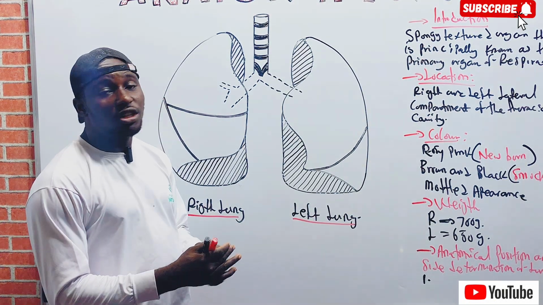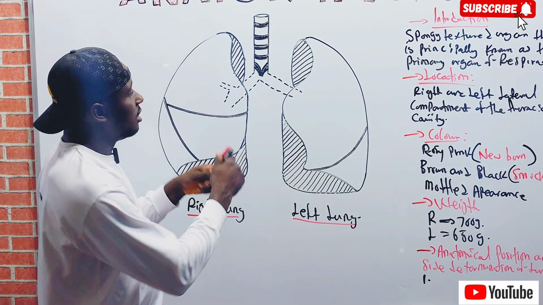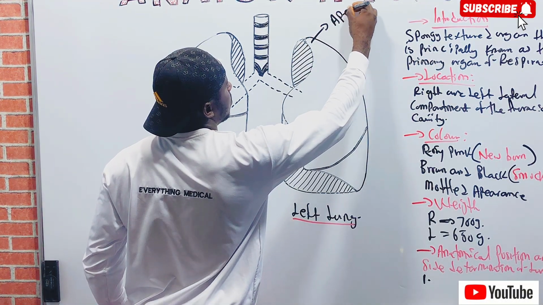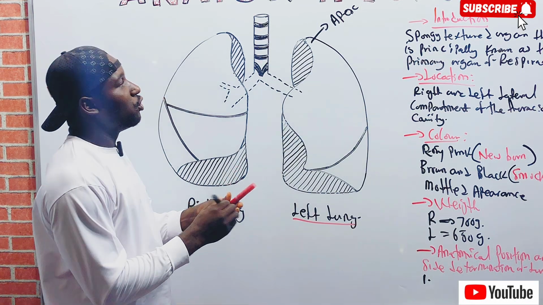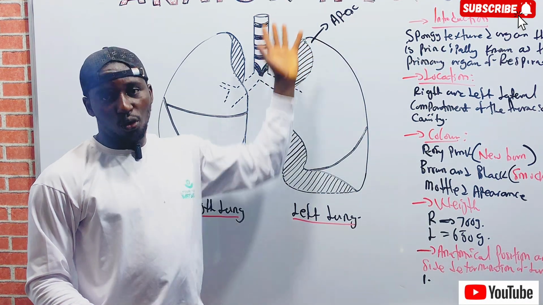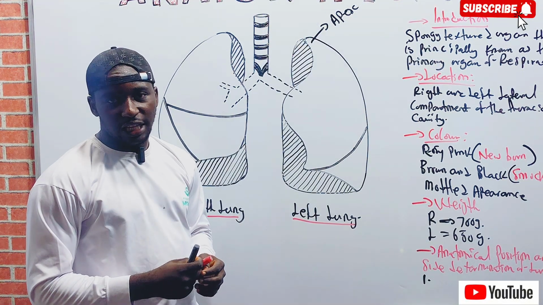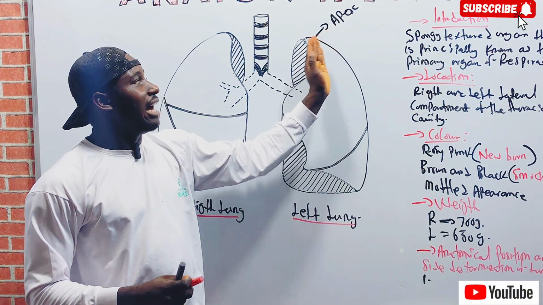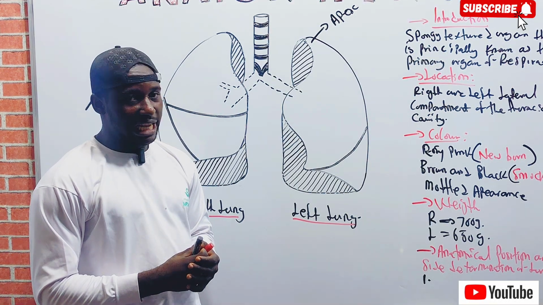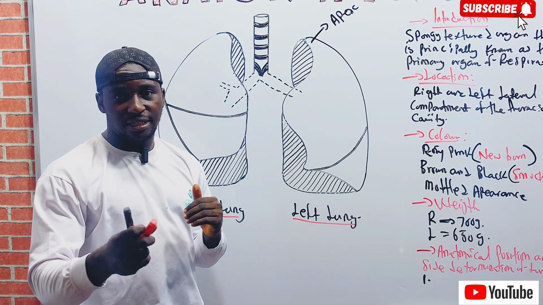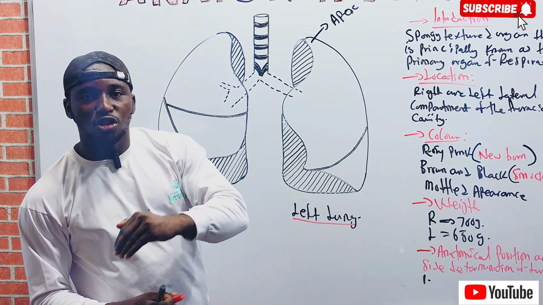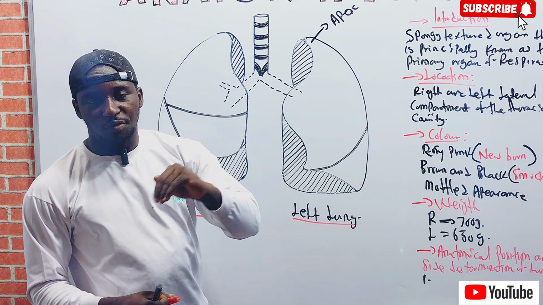Number one is the lung apex. The lung apex is conical and it is directed upward towards the root of the neck. While the base is directed downward towards the dome of the diaphragm.